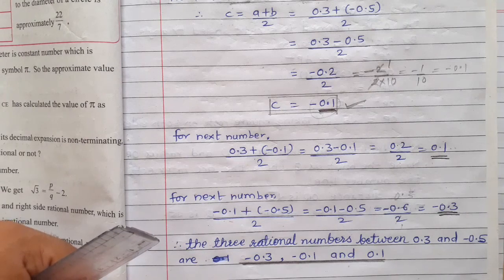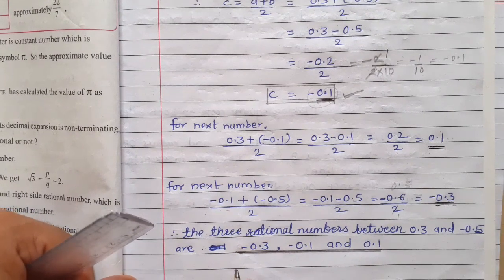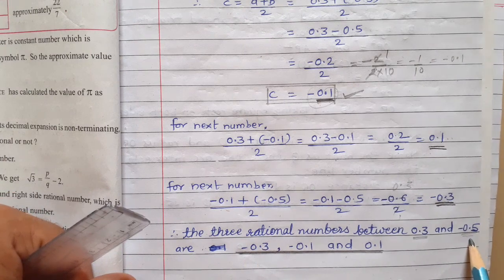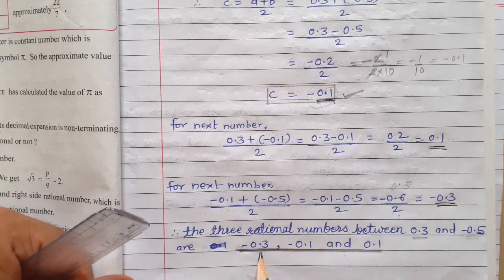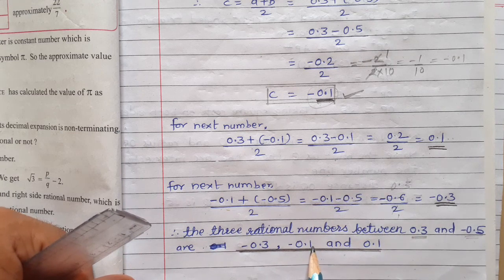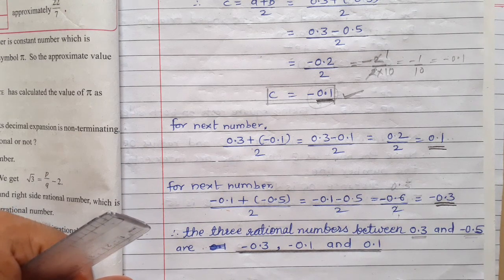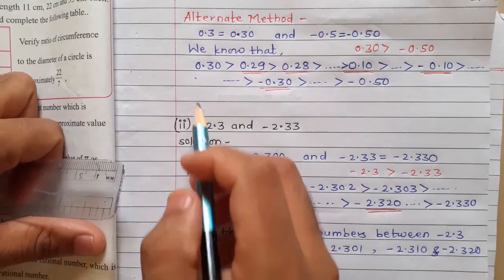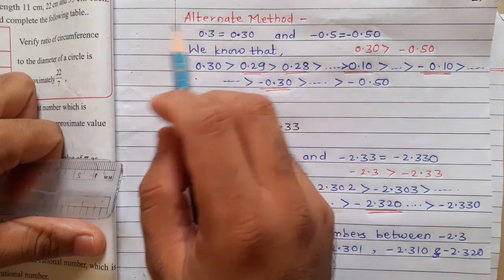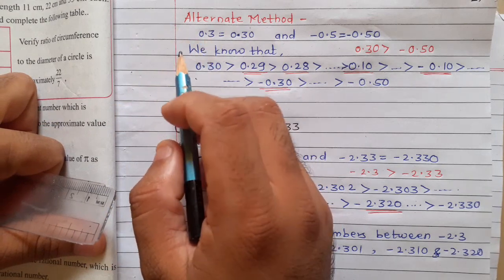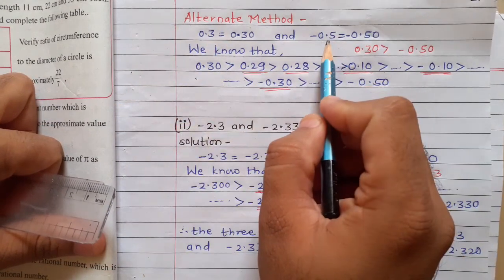Here we required only 3 numbers, so we are finding 3 numbers, and the 3 rational numbers between 0.3 and minus 0.5 are minus 0.3, minus 0.1 and 0.1. This is the required answer. We will see an alternate method for finding the 3 rational numbers in between 0.3 and minus 0.5.